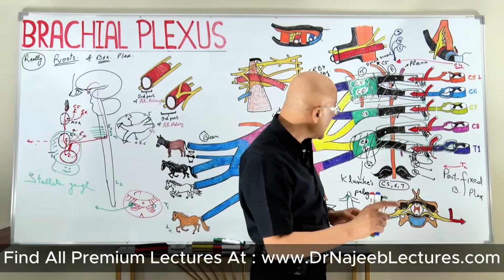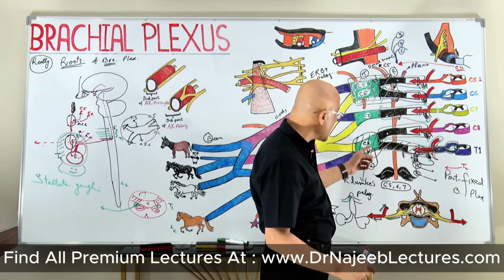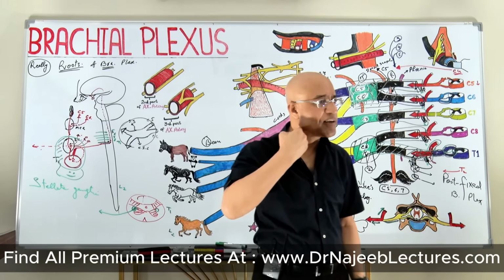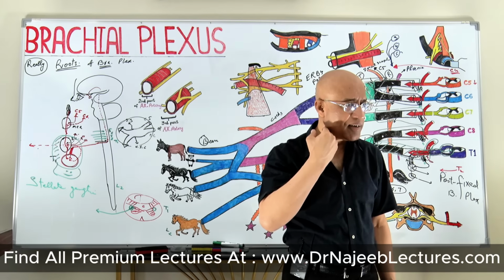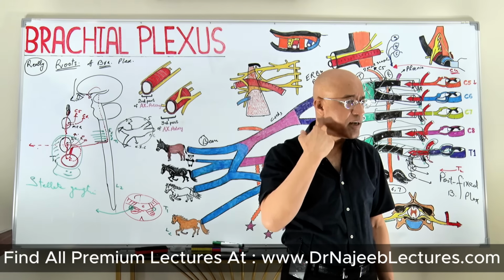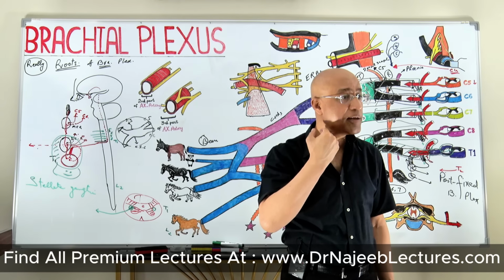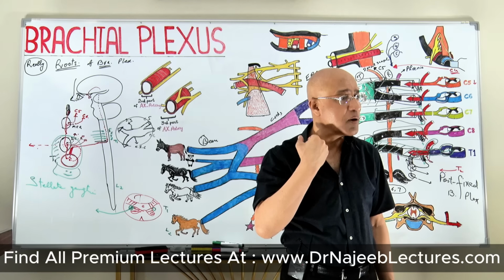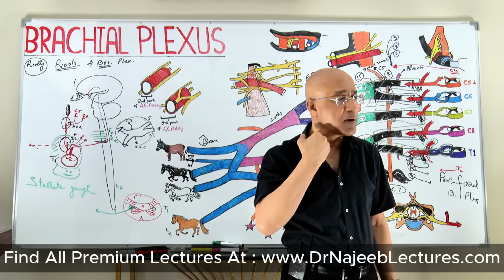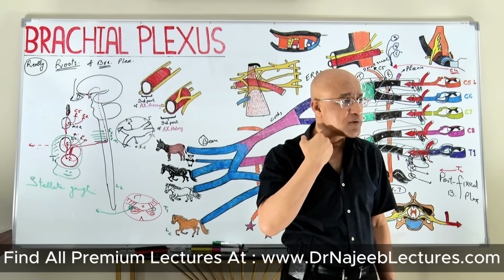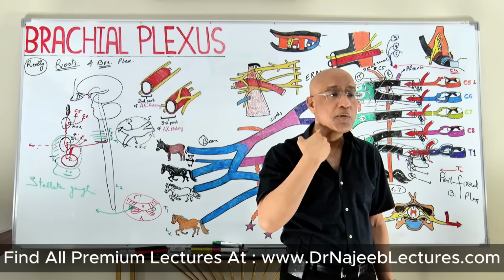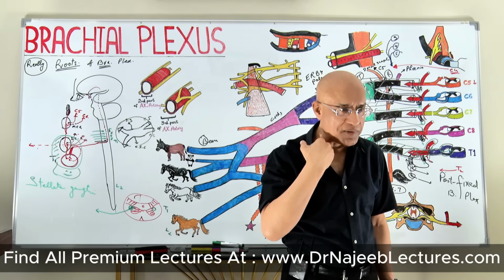Next lecture, I will talk about roots and trunk while they are passing through the neck, their anatomical relationship in between the scalene muscles, and also clinical applications. And then I will talk about when the brachial plexus is passing through the supraclavicular triangle, what are the important relationships, especially with the subclavian artery?